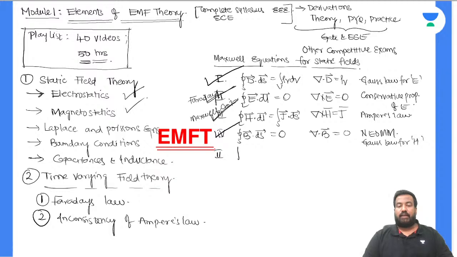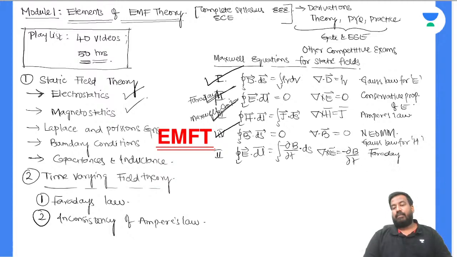The modified equations are: closed loop integral of E dot dl is equal to surface integral of minus dou B by dou t dot ds. Del cross E is equal to minus dou B by dou t. Faraday's law.